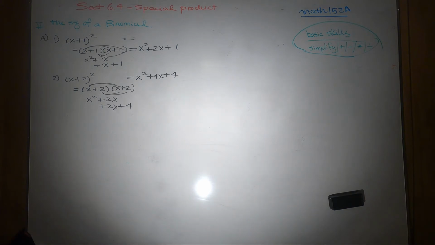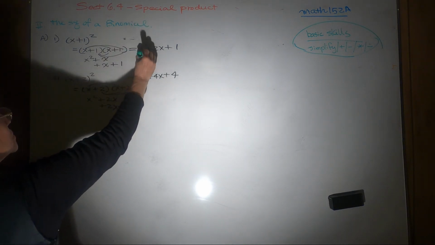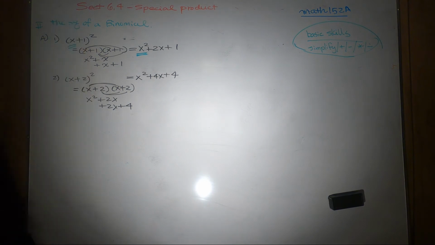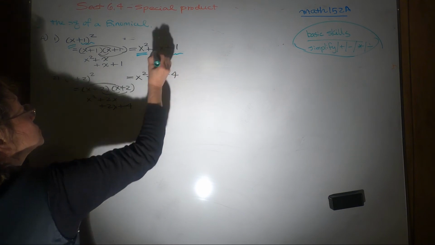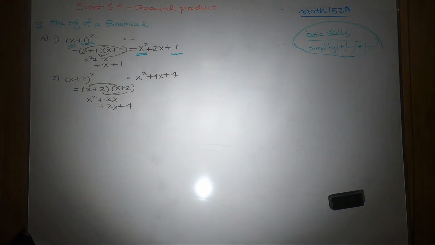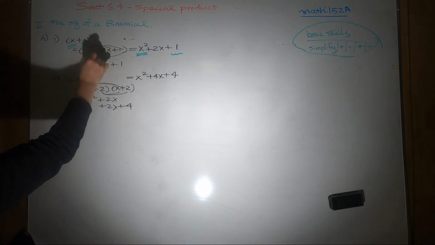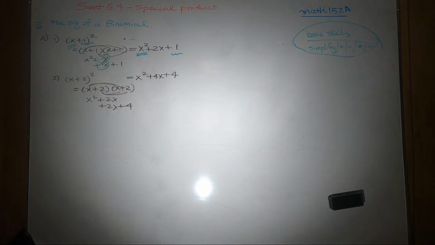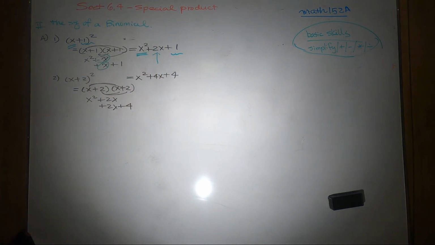Okay, so you find out the result is a trinomial. The first term would be the first x taken to the square. Then the last one, 1, would be 1 squared. Then what happened to the middle one? The middle one, they will multiply this and this. Since they are the same, these two things combined together will be the middle one twice of them, right?